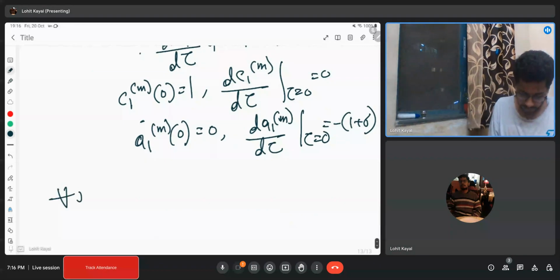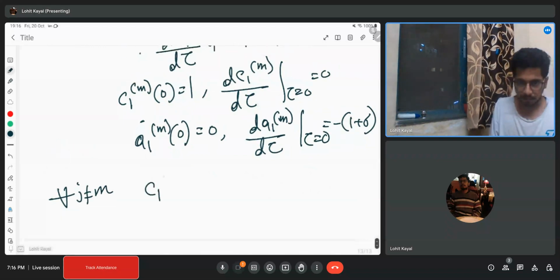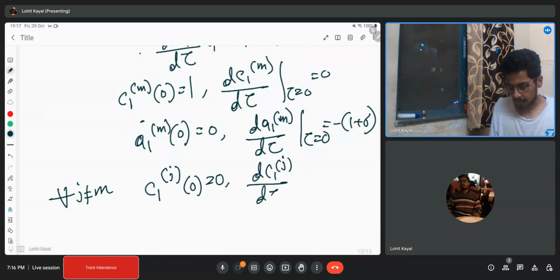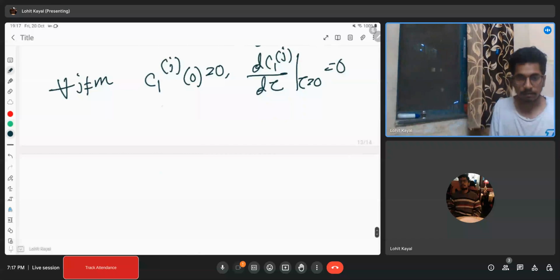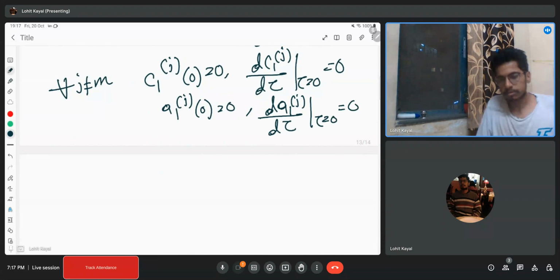Now for any other values of j which is not m, we will have c_1j(0) equal to 0, dc_1j/dτ at τ equal to 0 equal to 0, and a_1j(0) equal to 0, and da_1j/dτ at τ equal to 0 is also equal to 0.